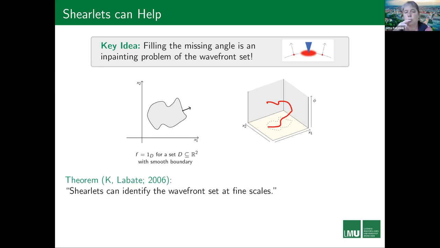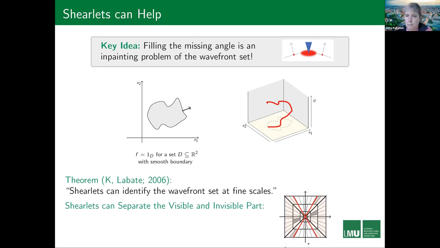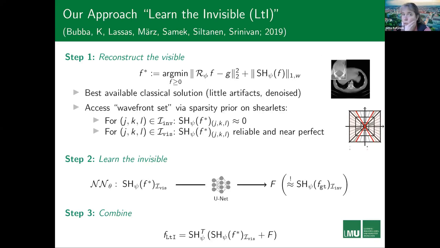But what one can use is that shearlets can identify the wavefront sets, and they are also able, due to their structure in the Fourier domain, to separate the visible and invisible part. So what one can do is the following. This algorithm we call Learn the Invisible.